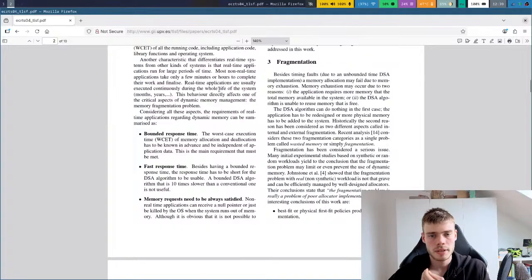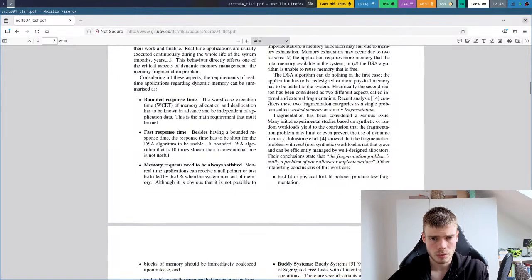Fragmentation. Besides timing faults due to unbounded time in the DSA implementation, memory allocation may fail due to memory exhaustion. Memory exhaustion may have two reasons. One, the application requires more memory than the total available in the system. Or two, the DSA is unable to reuse free memory.